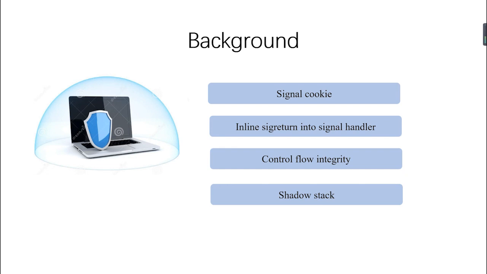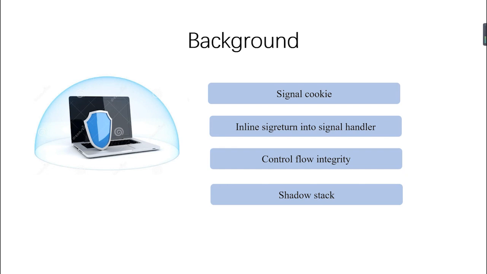PICFI and MCFI propose to inline the sigreturn system call into each signal handler and make the sigreturn system call unreachable from other application code. Hence, it prevents SROP from directly invoking the sigreturn function. Other strong defenses such as CFI and shadow stack also prevent the SROP attack.